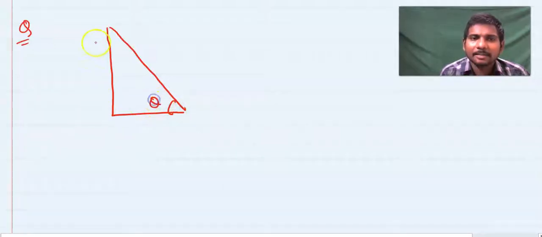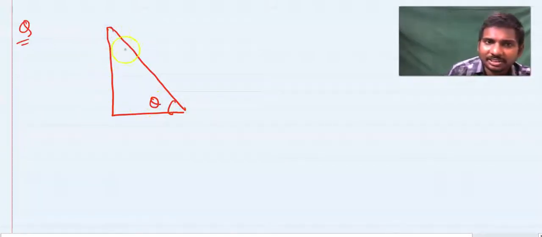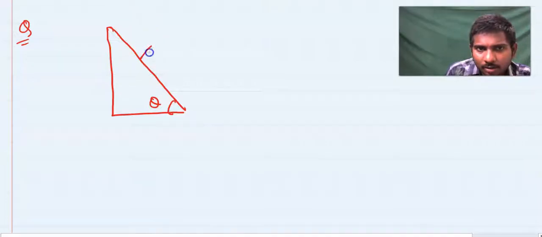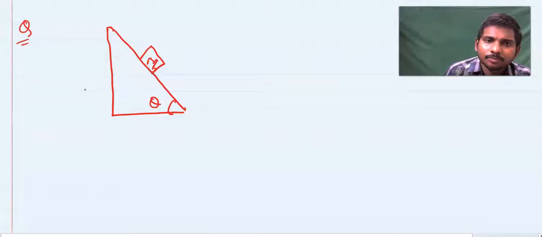There is an inclined plane with an angle of inclination theta, and there's a block of mass m kept on this. This is a smooth floor, smooth inclined plane.